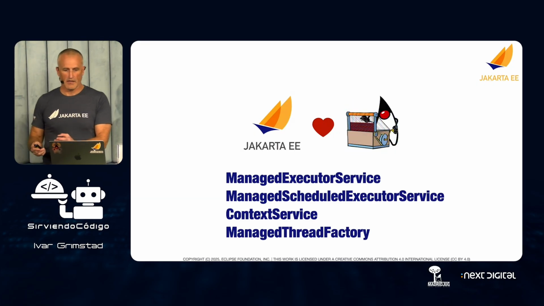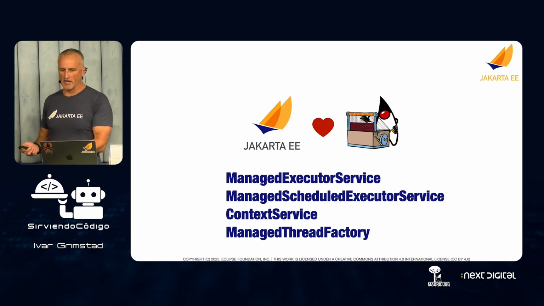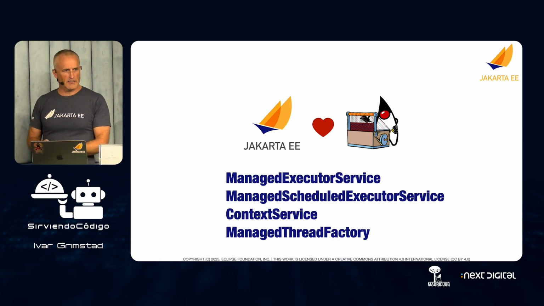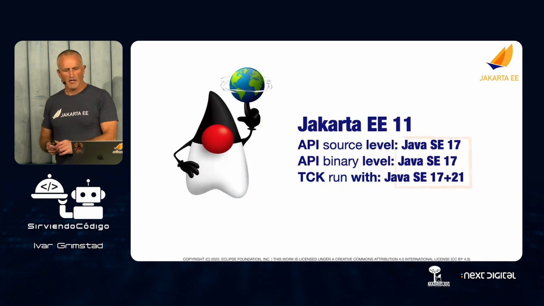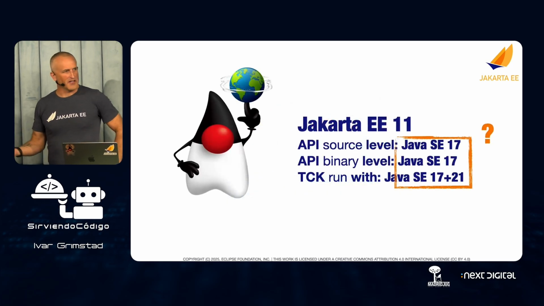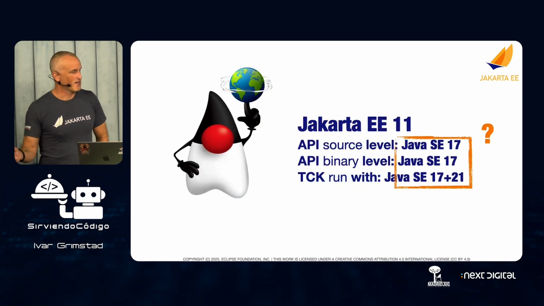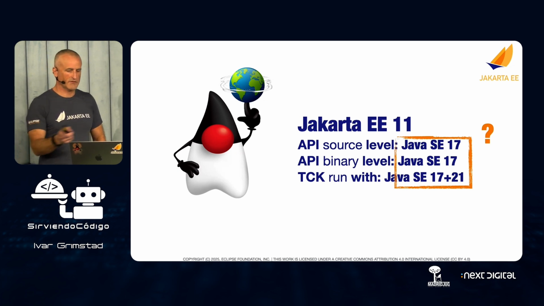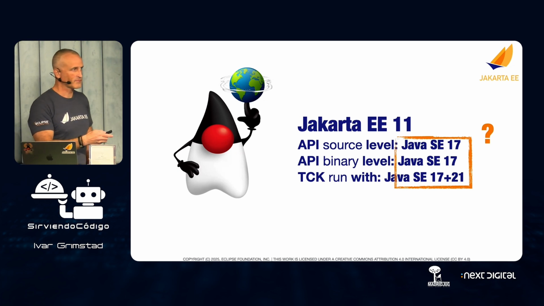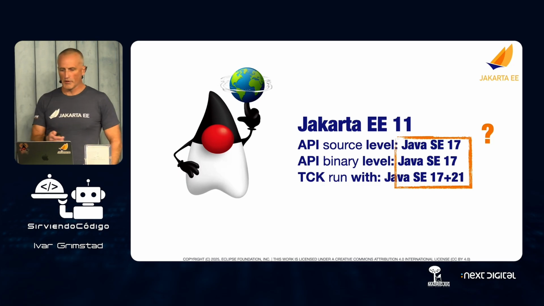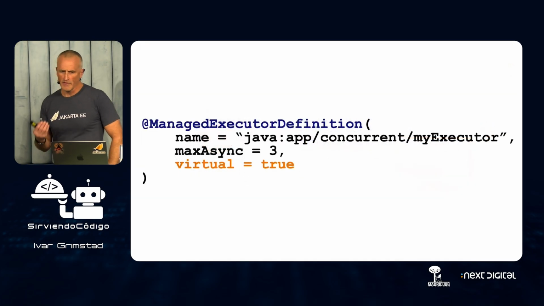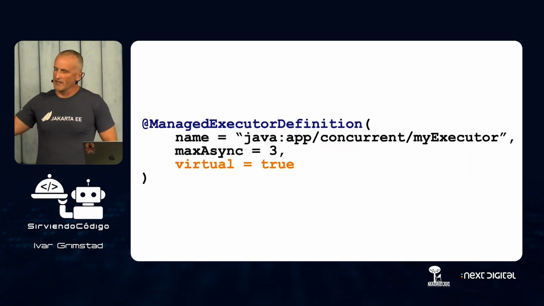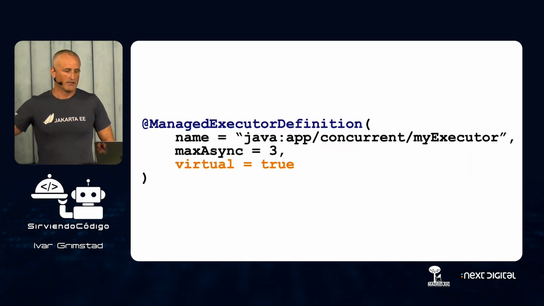And with virtual threads, we're thinking, yeah, let's do the same thing there. But wait a minute, we're on 17 here. How can we do this? Because virtual threads were introduced in 21. So what we're doing is, we're not exposing anything with virtual threads in the APIs. We don't need to.